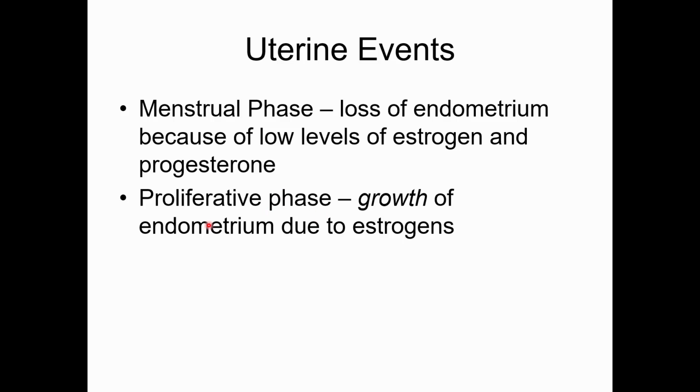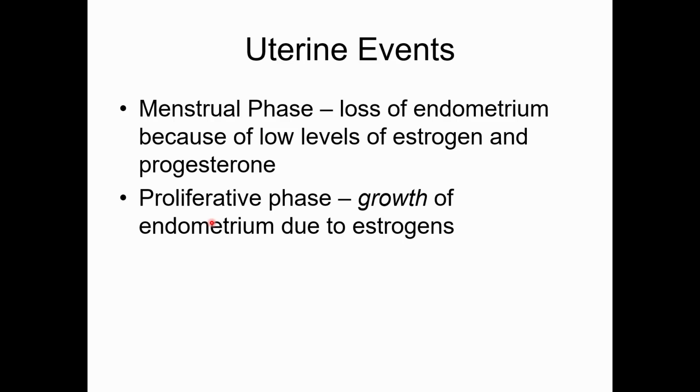Estrogen works on the endometrium and causes it to grow. An increased number of cells, we call that proliferation. So that is called the proliferative phase of the uterus. So the menstrual phase and proliferative phase are occurring at the same time as the follicular phase.